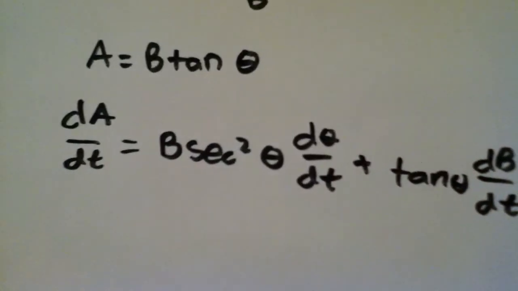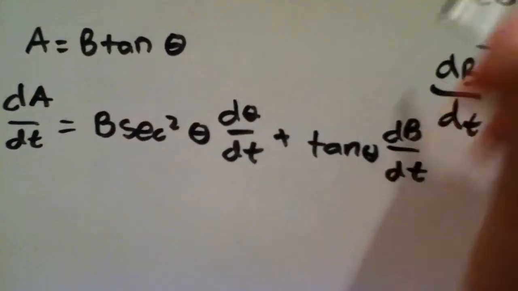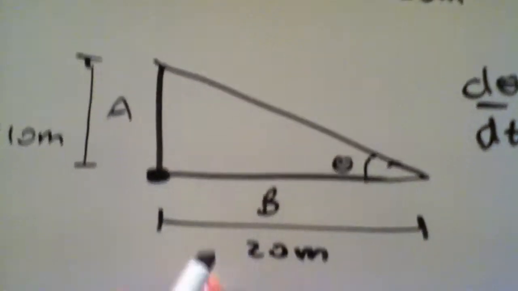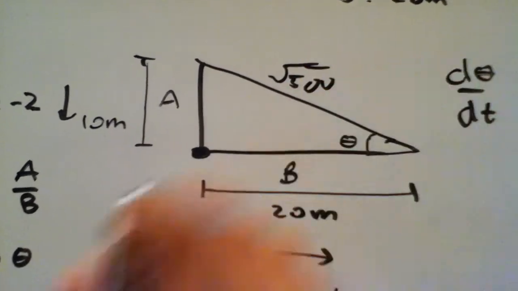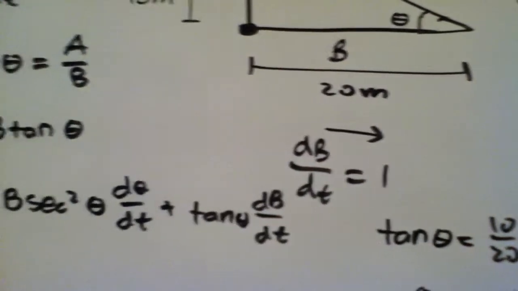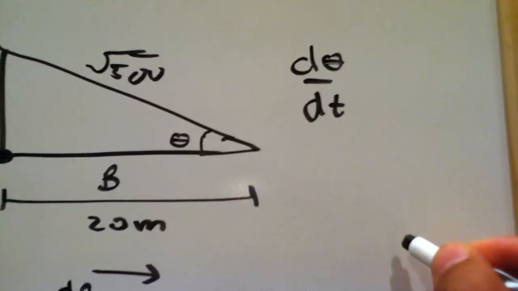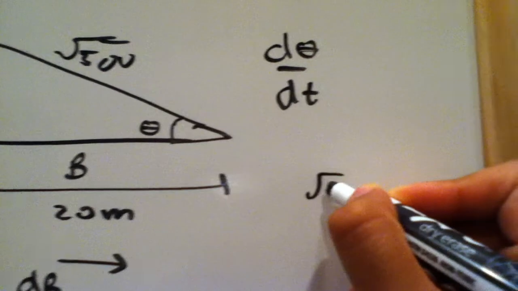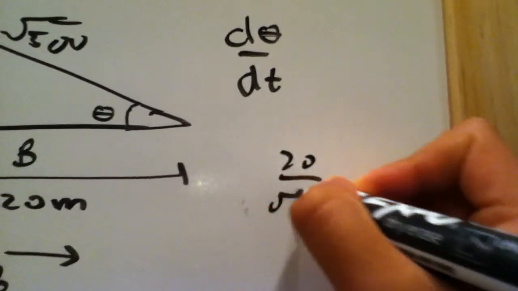But an easier way of finding secant is to just know that 20 squared plus 10 squared is 500, so the square root of 500 is the hypotenuse. And since secant is 1 over cosine, and cosine is adjacent over hypotenuse, cosine is 20 over the square root of 500.